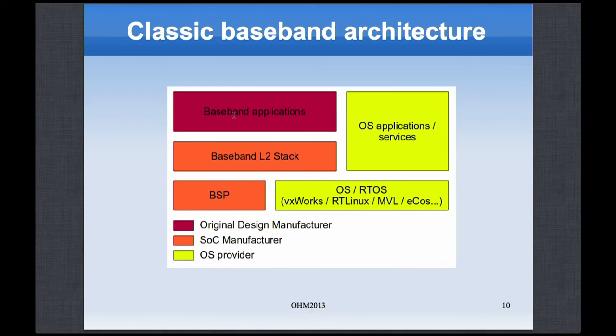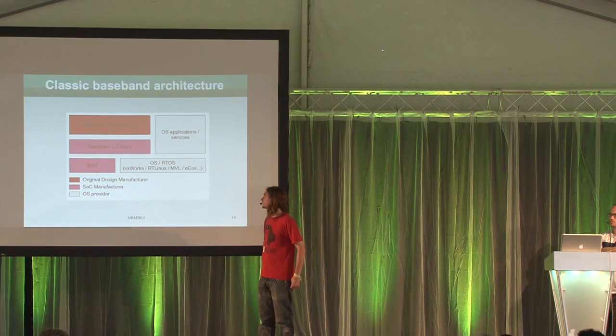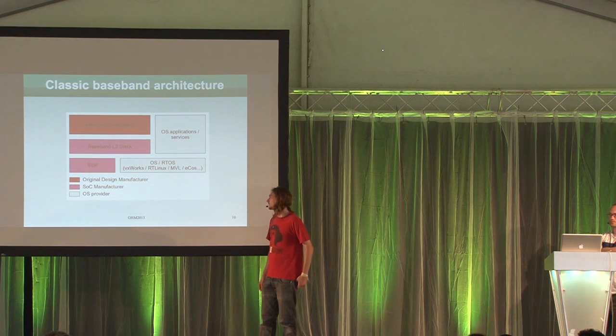And here is the classical architecture of the software that runs on this chip. I've divided it, because several actors are implicated in this kind of design. Generally, the real-time operating system is provided by an external entity.